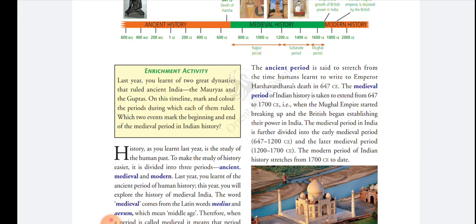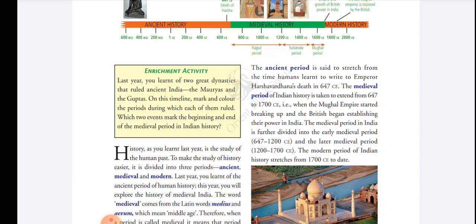Harshvardhan was a great emperor, and he died in 647 CE. So the ancient period is between the time humans learned to write and the death of the great emperor Harshvardhan in 647 CE.